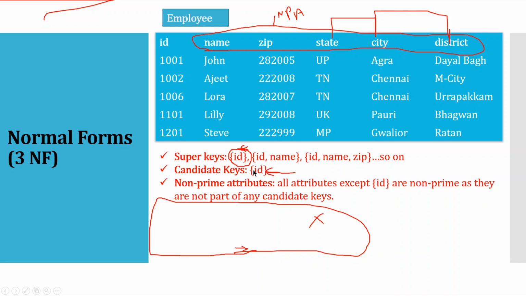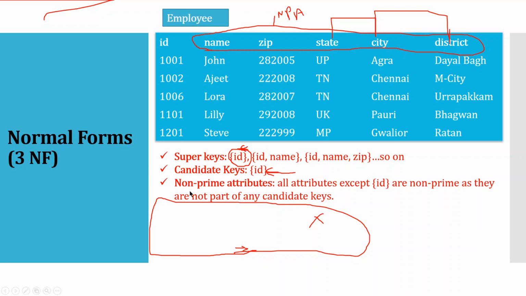So if we have only one candidate key, then we can say that our table is in second normal form, right? Because in second normal form we said that dependencies should be removed by having only one candidate key in a table. So though there are dependencies on ID, ID is the only candidate key, so it is allowed. We are not bothering about that particular part.